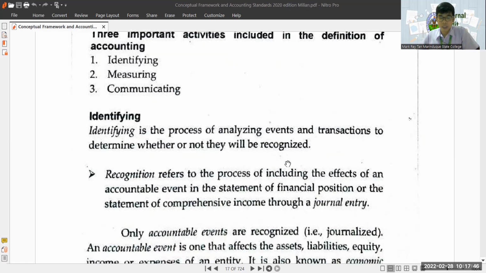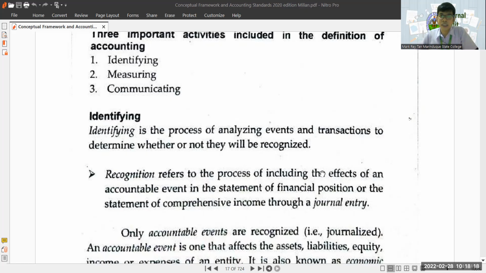Since ina-highlight natin yung recognize, it has a definition which says that it refers to the process of including the effects of an accountable event in the statement of financial position or the statement of comprehensive income through a journal entry. So when we say recognize or recognition, ibig sabihin, gina-journalize natin.